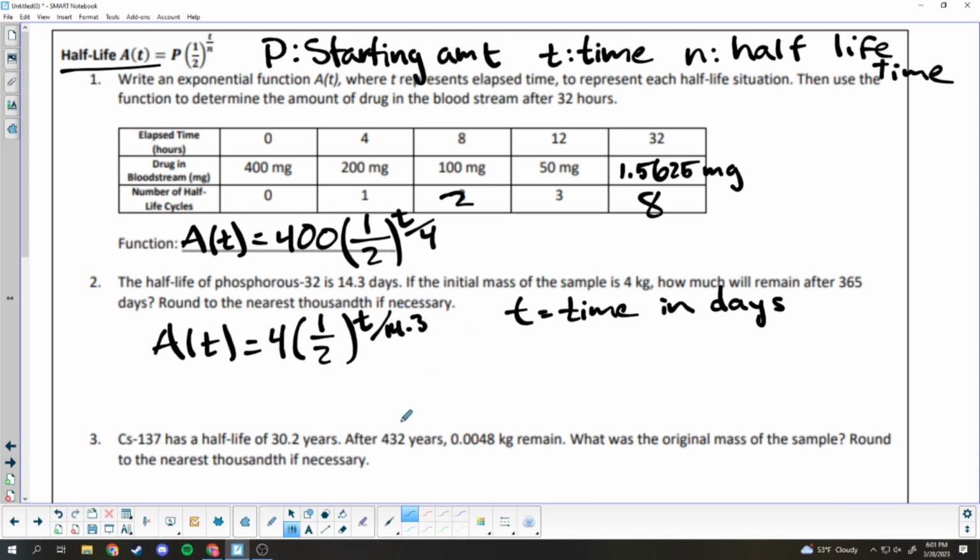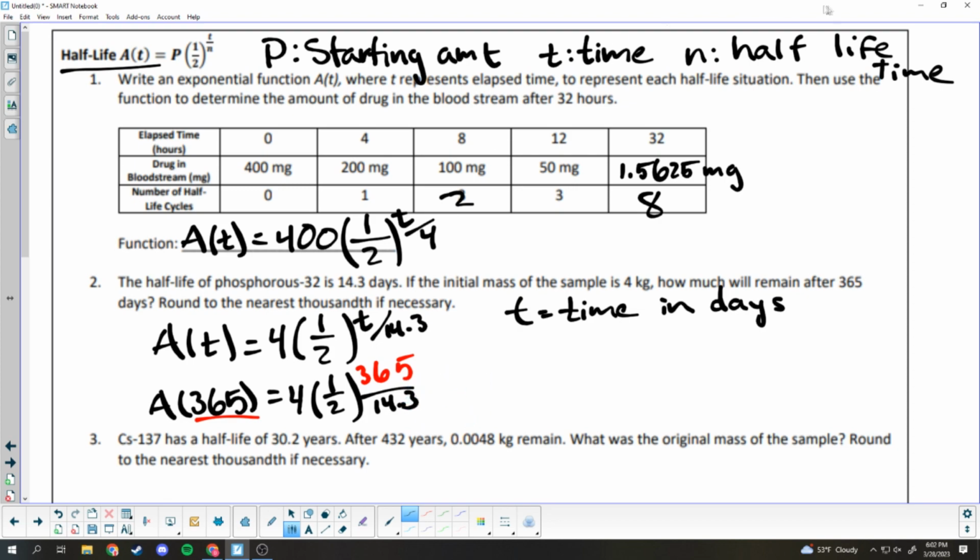Okay. So if I want the amount after 365 days, then all that happens is the t variable in my equation turns into 365, and I'm still dividing that by 14.3, basically saying how many half-life cycles have occurred, how many times I'm multiplying by a half.